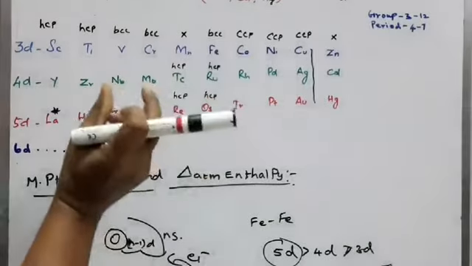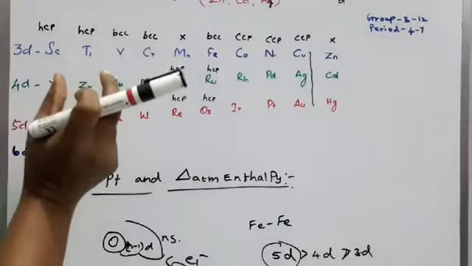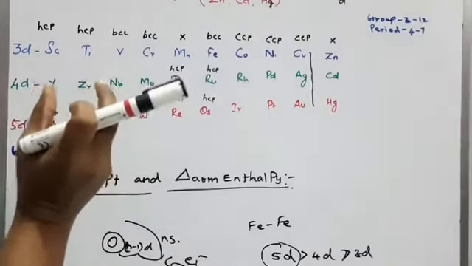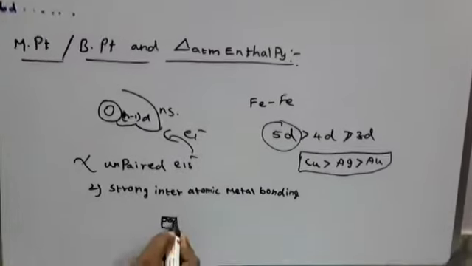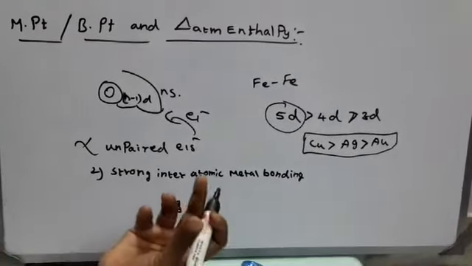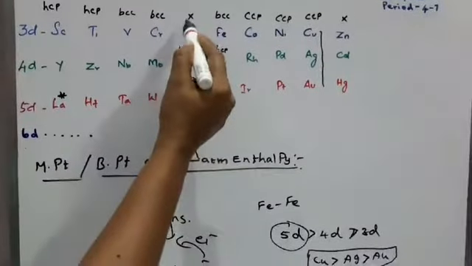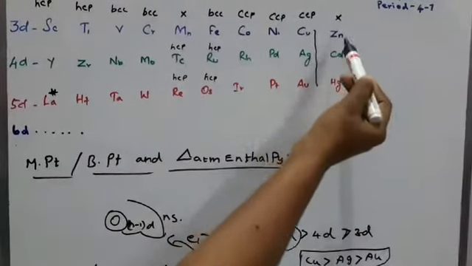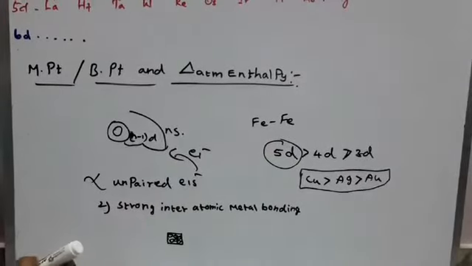Others have closed packed or BCC, a proper lattice packed arrangement, with atoms or ions arranged in a manner. For a 3-dimensional shape, we call it a lattice. Here manganese doesn't have a proper one, so it is crossed. Similarly zinc, cadmium and mercury don't have any proper structure.